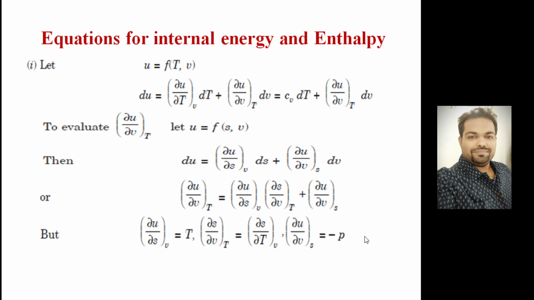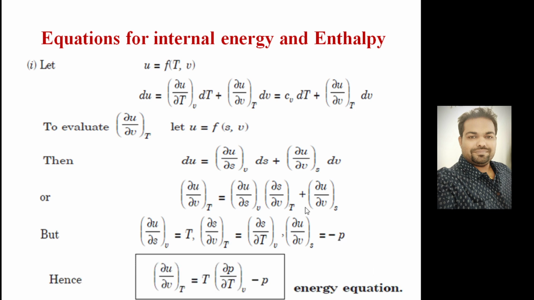So if you differentiate internal energy with respect to volume, that is nothing but equal to minus P. So if you substitute this value over here in this equation, this is the basic equation that you got.